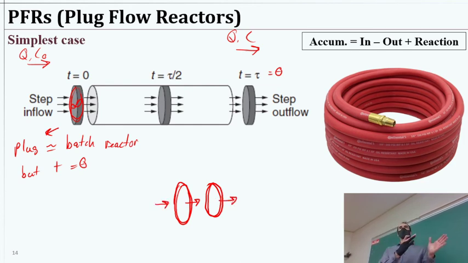So we could model it mathematically like that, where we have some Q, C naught, and then same Q is going to go through, then we have C1 and C2, and each of them is acting like a CSTR. So we have an infinite number of CSTRs, so infinite CSTRs.